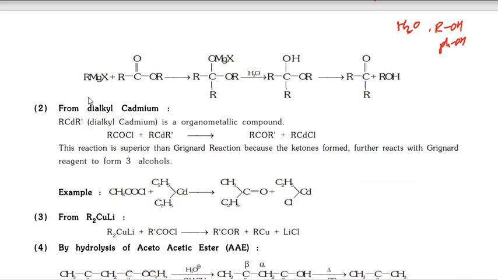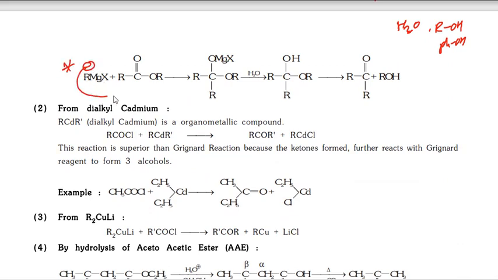Next, from esters, same mechanism like acid chloride. See, then it is turning OMgX and R. This much is clear. Now here this sigma bond, MgX, when coming back, here OR is leaving.